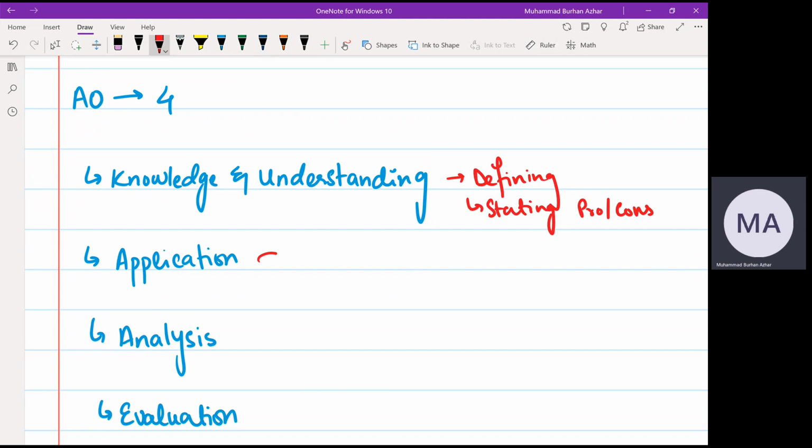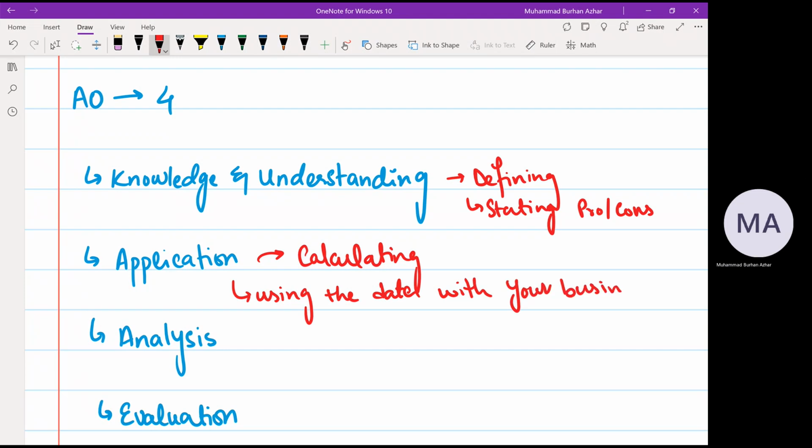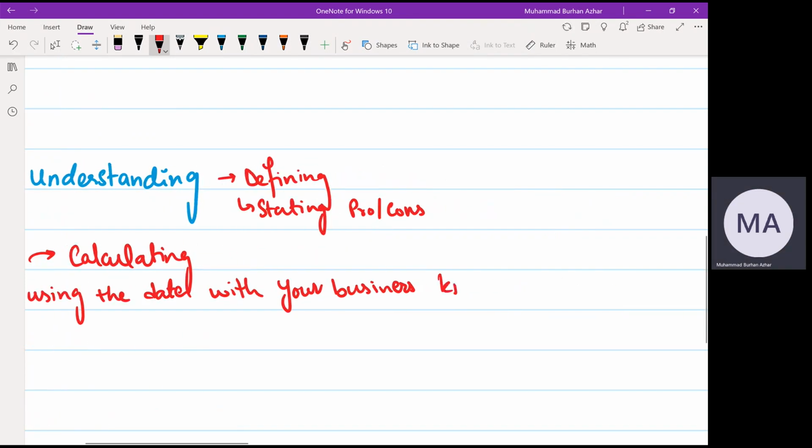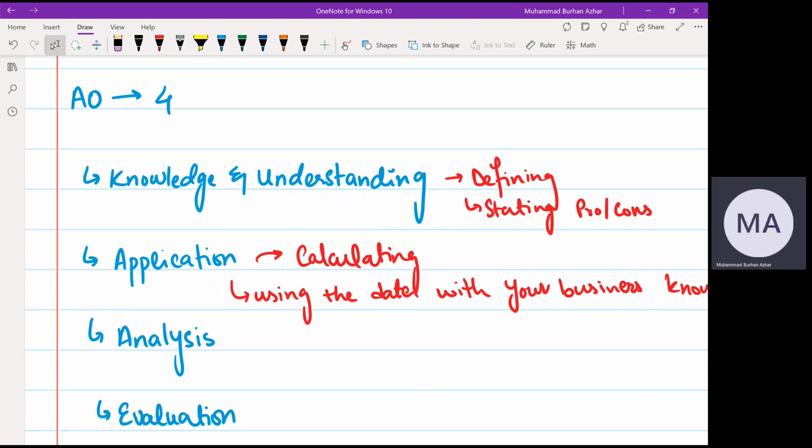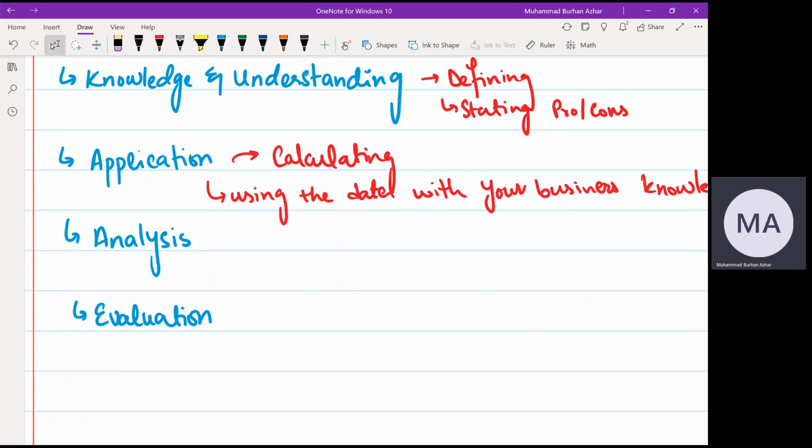Application comes when you are basically calculating something. जब आप data use करके you're calculating something and you're using the data with your business knowledge. So that is what application is all about. कि जो आपको data दिया हुआ है, are you able to filter through that data and are you able to get points out of the data? That is what application is all about.